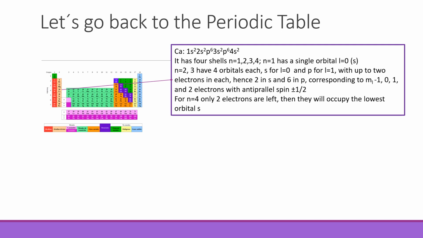n equals 2 and 3 have 4 orbitals each. So s for l equals 0 and p for l equals 1, and in each orbital 2 electrons, hence 2 in s and 6 in p.